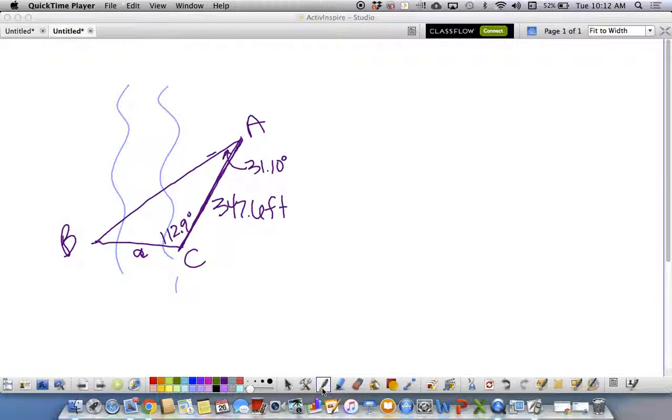So what's our equation we're going to set up? Sine A. So sine of what? Sine of 31.1 over A equals, and then you can figure out the B. So do we have to find angle B? Yes, you do.